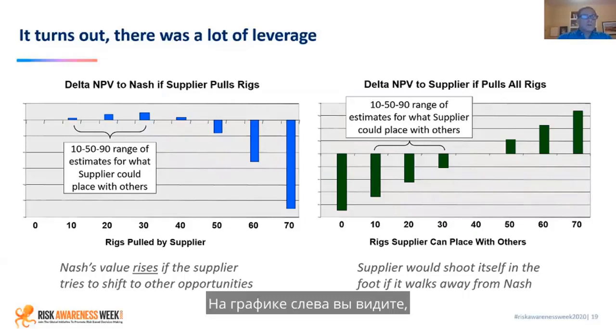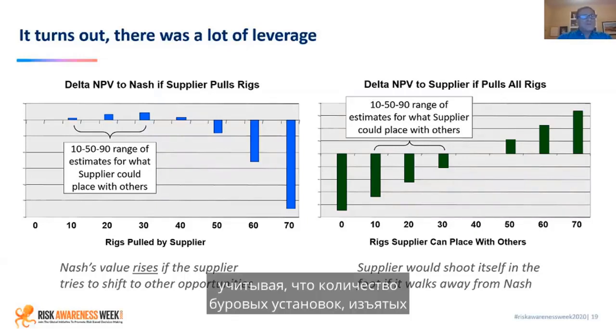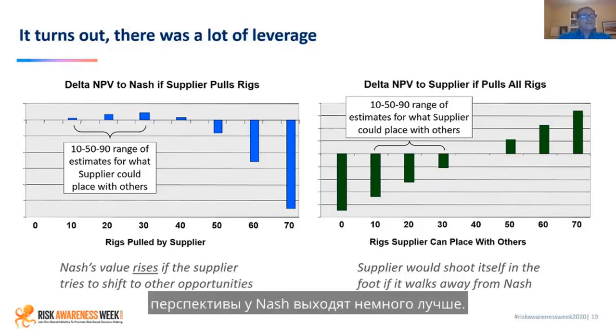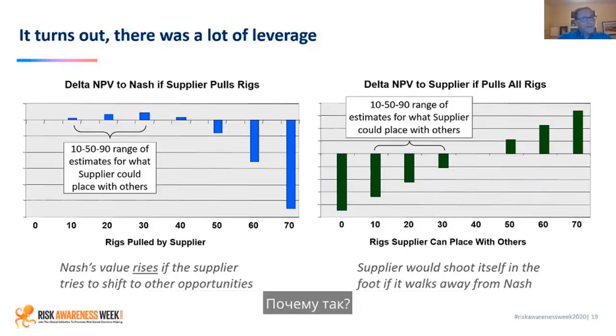In the graph on the left, you see that if the rigs pulled by the supplier range between 10 and 30, our expectation for what the supplier could place with others, Nash actually does a little bit better. Why is that?